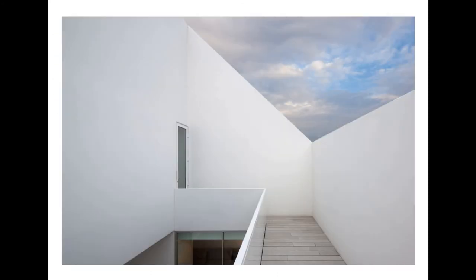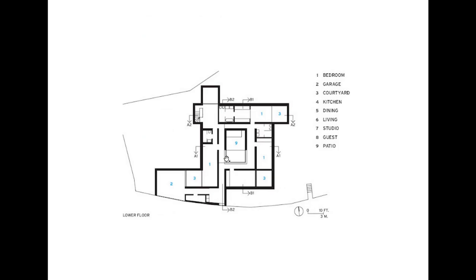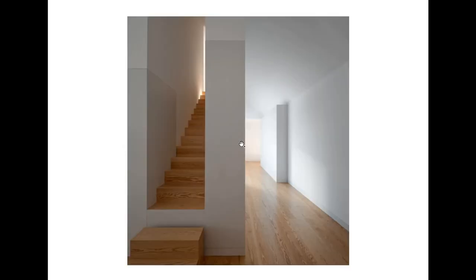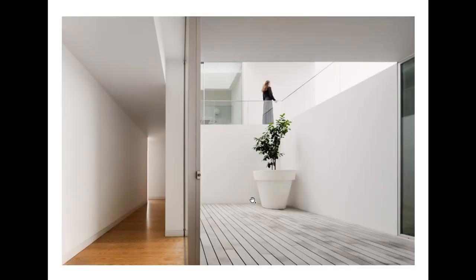The house is white. It's a really nice connection with the sky, because from the lower level, from here, if you look up, you're going to see the sky. So there will be a really nice connection with the sky.